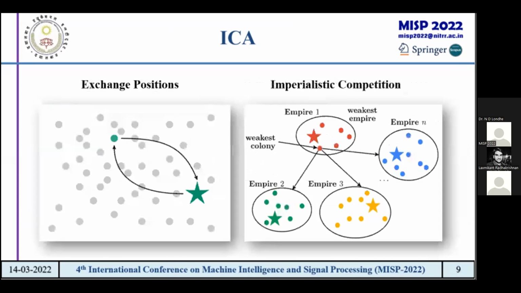After these processes, if a colony becomes better than its imperialist in terms of fitness or cost, their roles are exchanged. After that, imperialistic competition makes empires fight for colonies from weaker empires. The empires with no colonies after the imperialistic competition collapse into stronger empires. This moving and competition are repeated till only one empire remains, which is the termination condition for ICA.